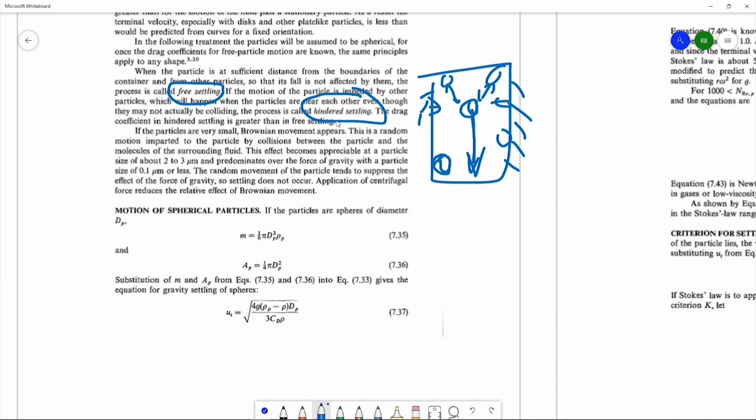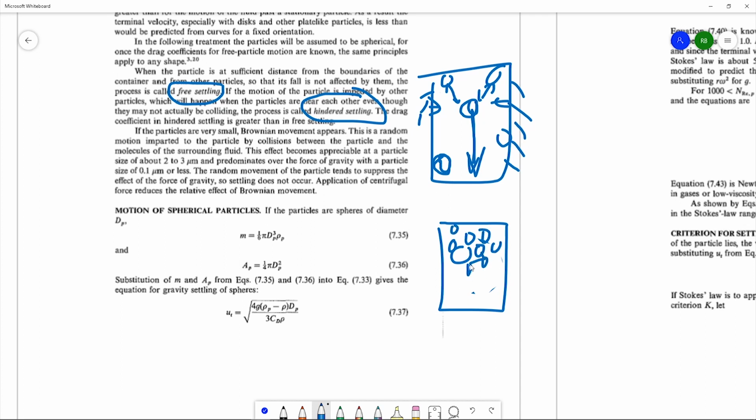Okay. Another is hindered settling. Suppose the particle is very large and it is close to the wall, then it will be offered some resistance by the wall, right? So it is kind of hindered settling. And again, in a suspension, if the particles are very close to each other, then what will happen?